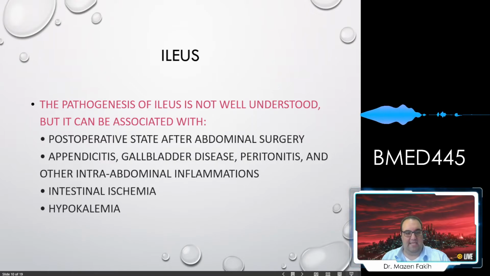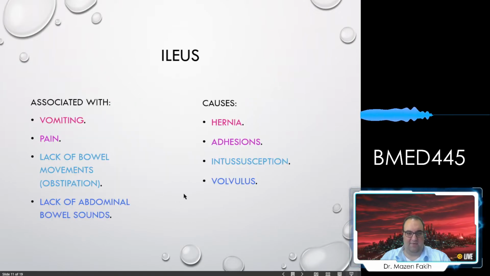And we can see it in hypokalemia, especially in ICU patients who are taking diuretics, which can cause a low level of potassium in the blood. Then peristalsis stops on its own.